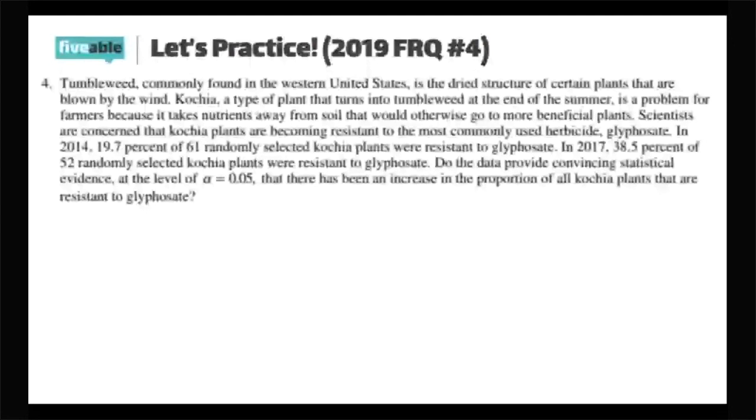But we were told in 2014, 19.7% of 61 randomly selected plants were resistant. And in 2017, 38.5% of 52 randomly selected plants were resistant. Do the data provide convincing statistical evidence at the level of 0.05 that there has been an increase?